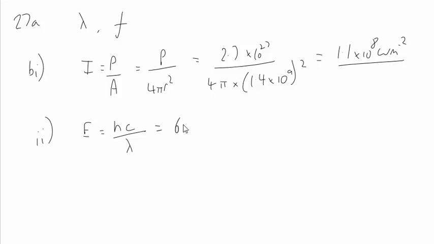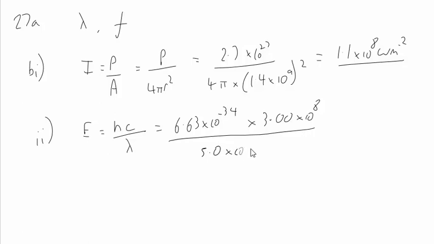Putting in the values, 6.63 times 10 to the minus 34 joule seconds times 3.00 times 10 to the 8 meters per second over our wavelength of 5.0 times 10 to the minus 7 meters gives an energy of 4.0 times 10 to the minus 19 joules.